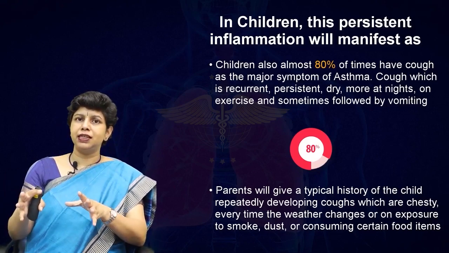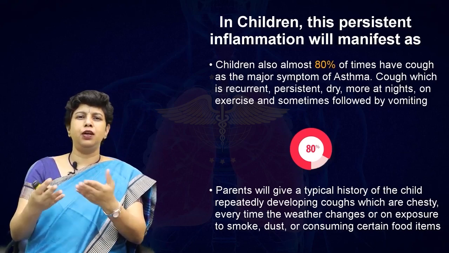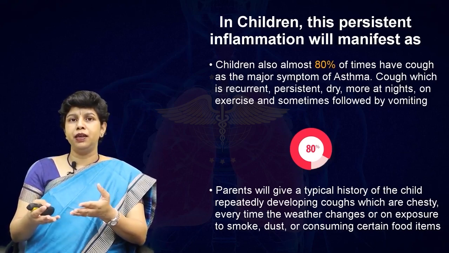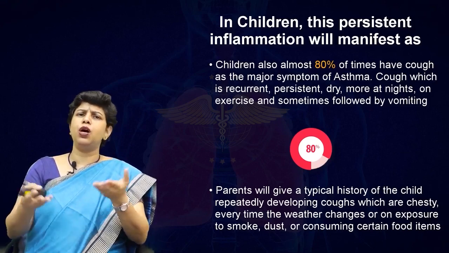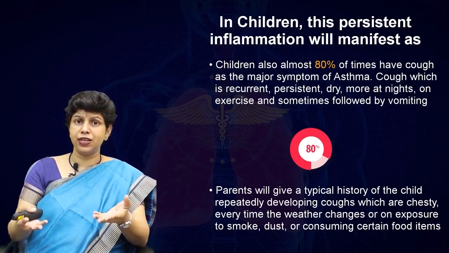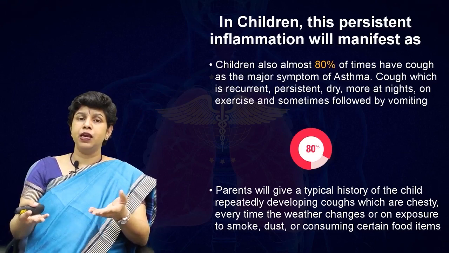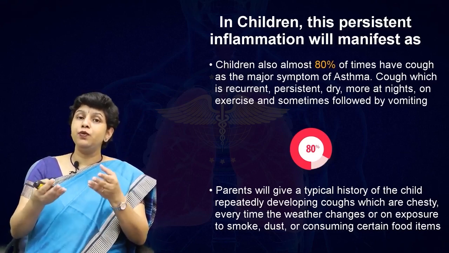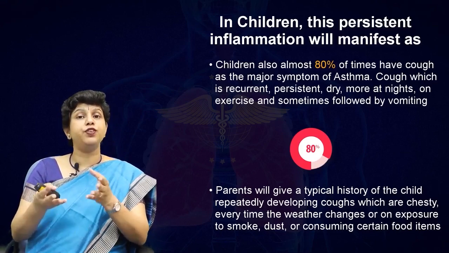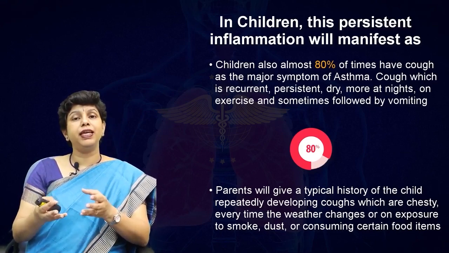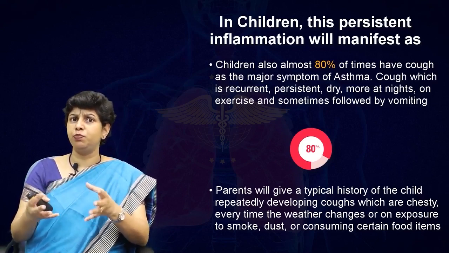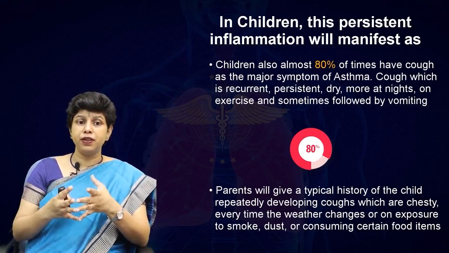do not just consider it that it might be a lowered immunity, which we often think, or it might be something that the child will just grow out of after the child reaches 5 years of age. No, that's not the fact. We know that it could be asthma, and we should put the child on appropriate treatment of asthma so that we can relieve the child of the symptoms and give the child a normal childhood back, where the child does not suffer repeatedly.